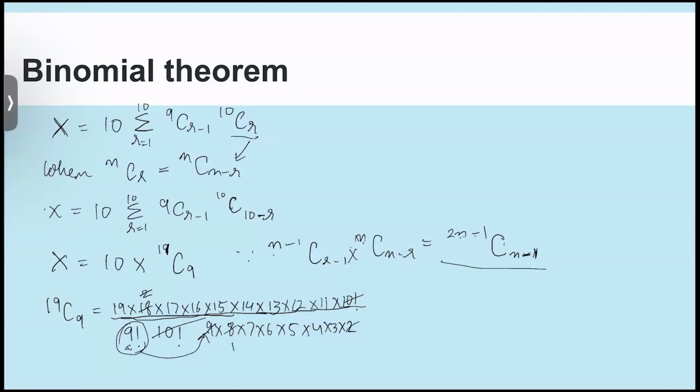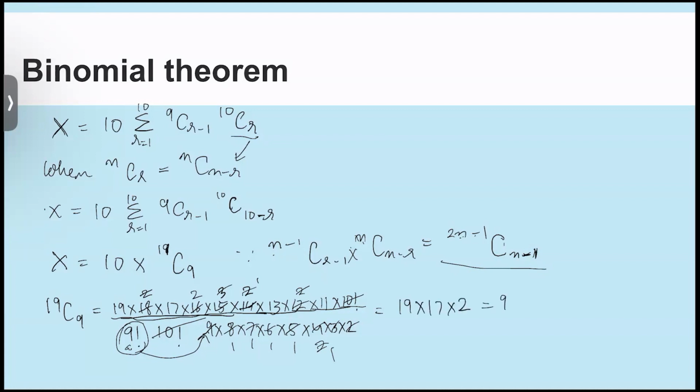Then you have 8, then this is 2. Then you have 7, 1, 2, and you have 6, 2. Then what you're left with is 5, 1, 3, and you have one more 3 over here. So 3 and 3 can get cancelled over here. So what you're left with is 19 into 17 into 2.